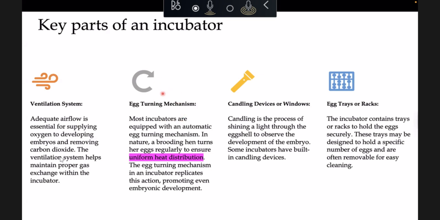So there is a turning mechanism inside the incubator as well. And in large scale incubators, we have the candling device facility as well. You must know candling. This is the process through which we use light so that we can see the inner contents of the egg, and that is how we judge whether the egg is fertile or not, whether the embryo is growing inside or not, or whether the fertilized egg is already rotten or not.